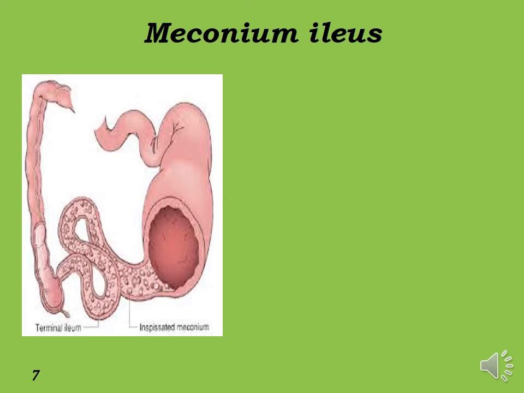The exocrine part of the pancreas doesn't secrete enough pancreatic enzymes, so the meconium has abnormal composition. Decreased amount of water, decreased amount of enzymes, and increased amount of protein in the mucus, so the meconium here will be extremely tenacious, thick or stony hard, causing obstruction of the terminal ileum.